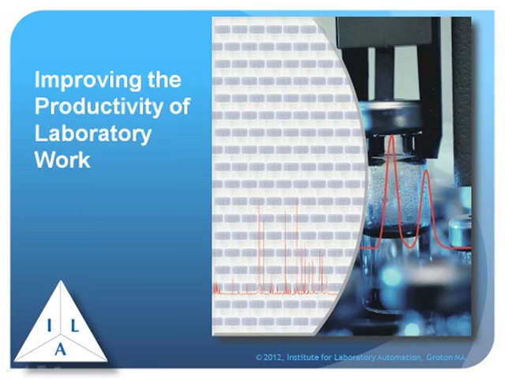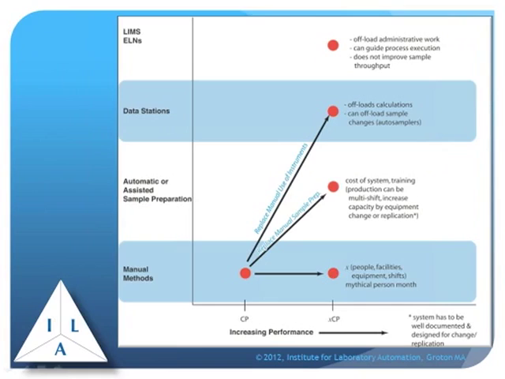Now we'll move on to looking at productivity of laboratory work itself. This is where the next level of laboratory informatics comes in that we noted earlier. This is where we start looking at laboratory information management systems and electronic laboratory notebooks. These systems do nothing for us in the way of sample throughput. These are administrative systems.